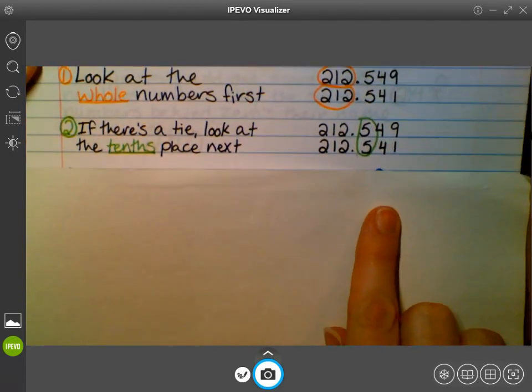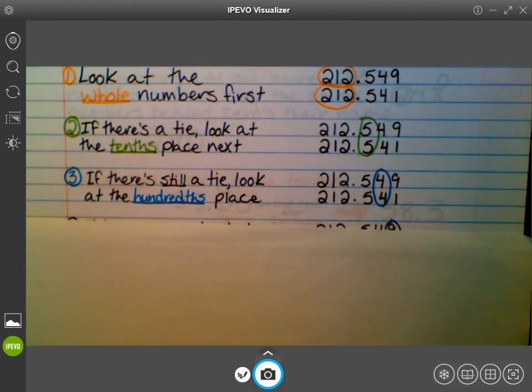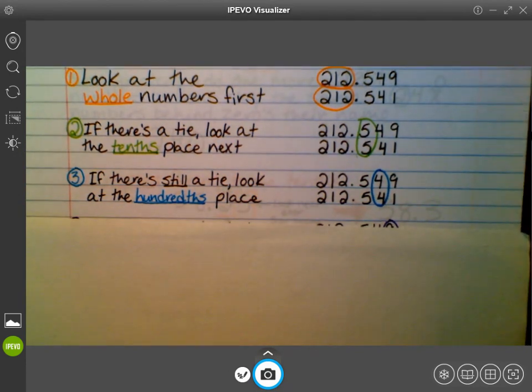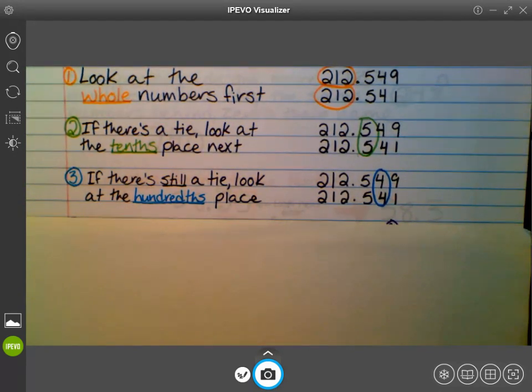So then we would move on to step number 3. If there's still a tie, look at the hundredths place. Notice I underlined hundredths. I also underlined still, just to really emphasize. If there's still a tie, look at the hundredths place. Then we rewrite our 2 numbers again, but this time we circle the hundredths place, which is directly to the right of the tenths place.